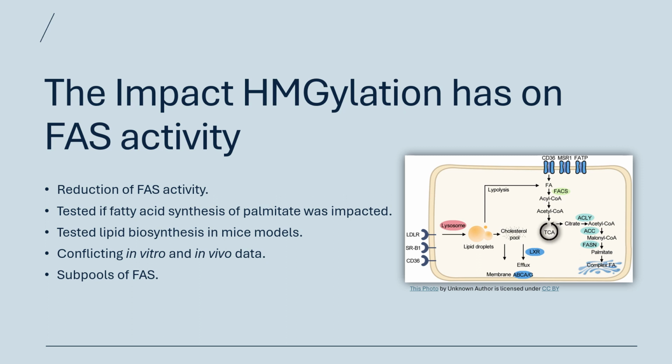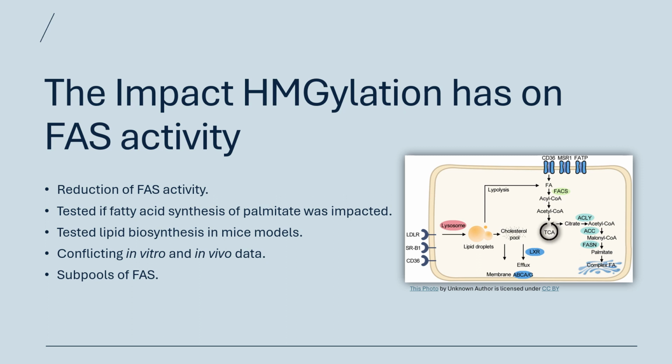Well, they concluded that the HMG-ylation seen comes from a localized source of fatty acid synthase that doesn't contribute to the production of palmitate. So, there must be a subpool of modified fatty acid synthase near the site of inhibition at HMG-CoA reductase embedded in the ER. As you know, HMG-CoA reductase is embedded in the ER, and they think that a subpool of fatty acid synthase is located near it.